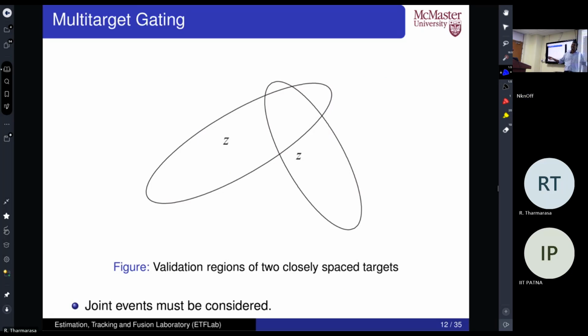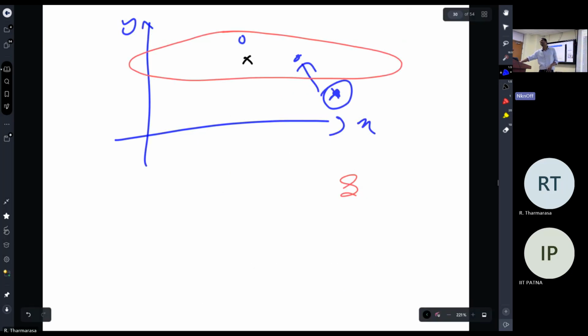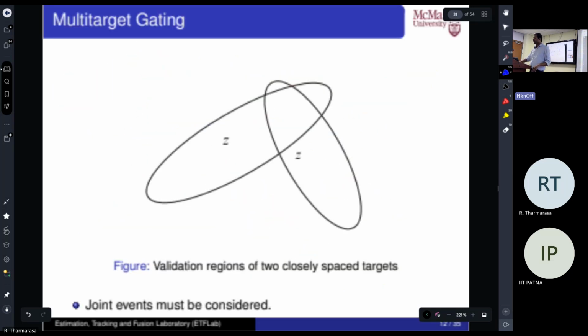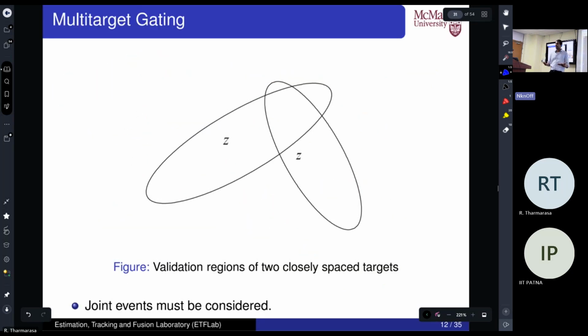You just have to separate them, then it's not a really challenging problem for us, right? So multi-target means having overlap. Okay, that's a little complicated. But if they are not overlapping, you do that operation twice. Okay. But in this case, if you have a detection here, or let me do this.